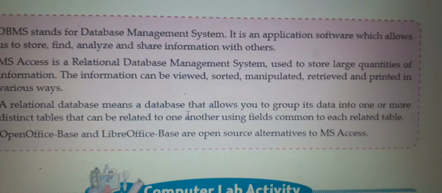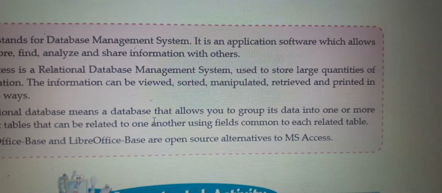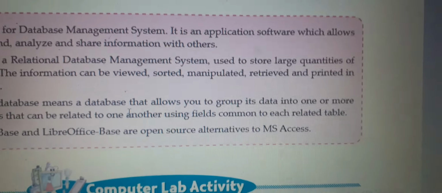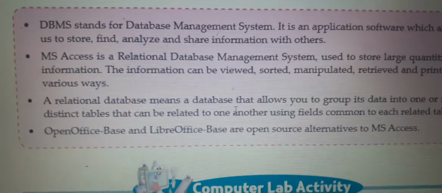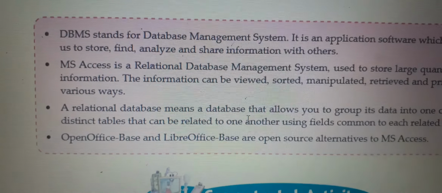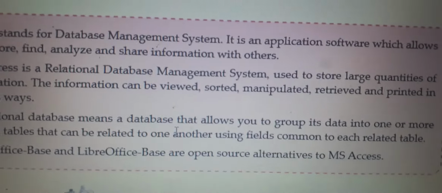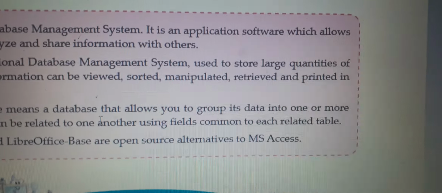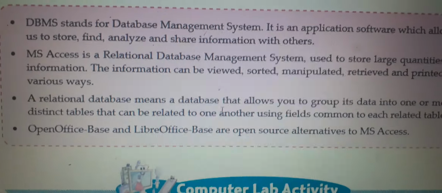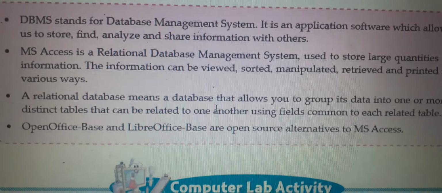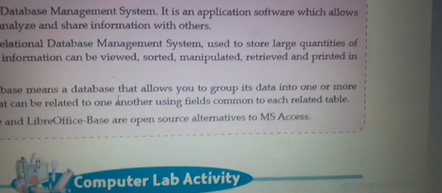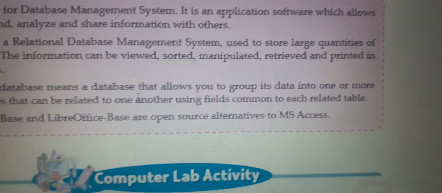The information can be viewed, stored, manipulated, retrieved and printed in various ways. Next is a relational database, which means a database that allows you to group its data into one or more distinct tables that can be related to one another using fields common to each related table.